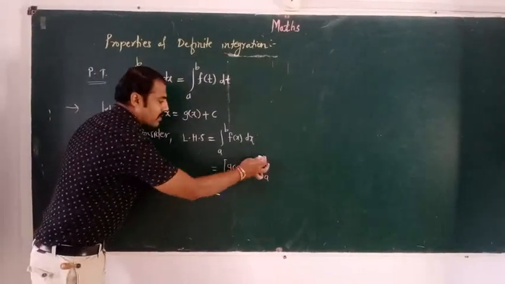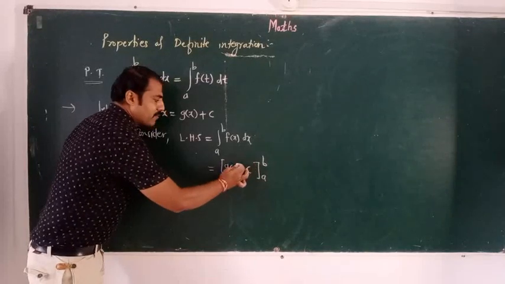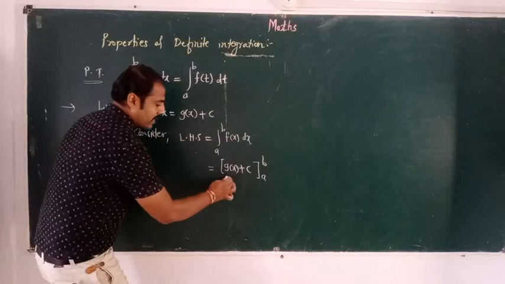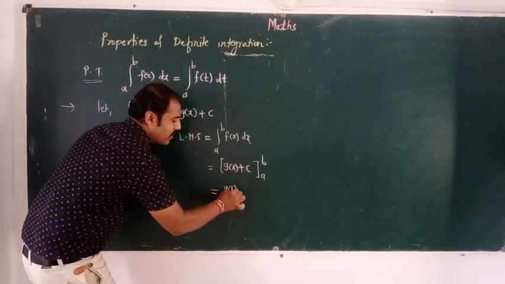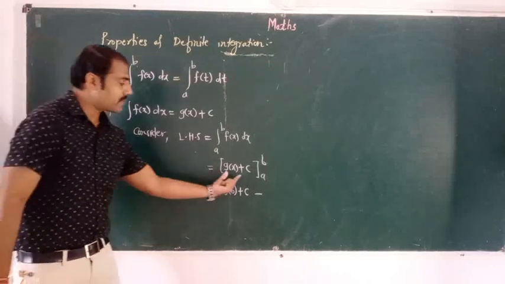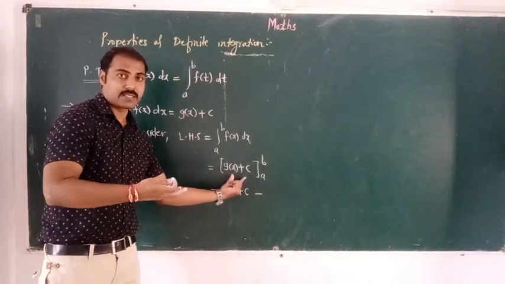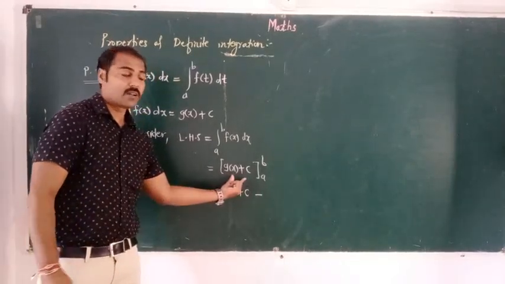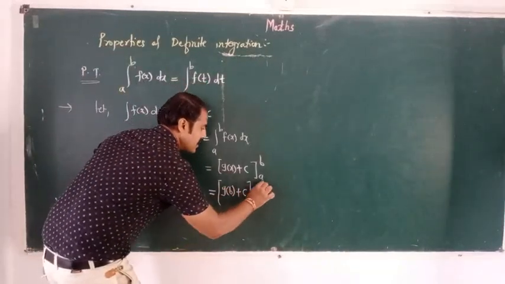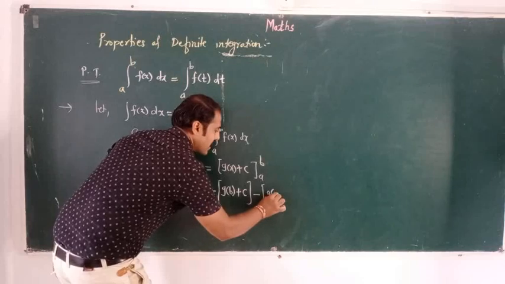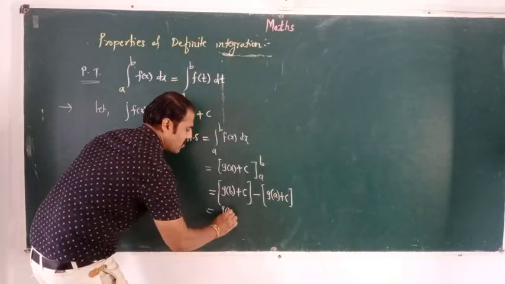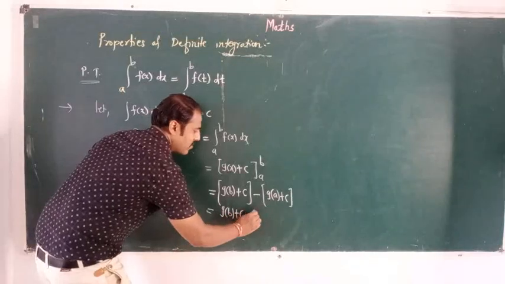Put the value of the primitive at the upper limit b, so it becomes g of b plus c, minus the value of the primitive at the lower limit, g of a plus c.